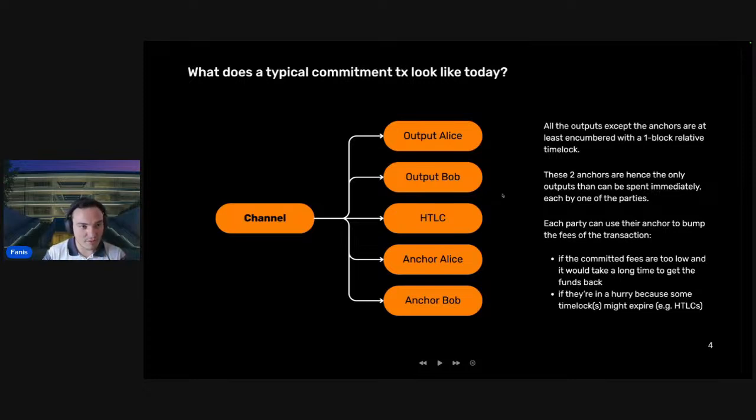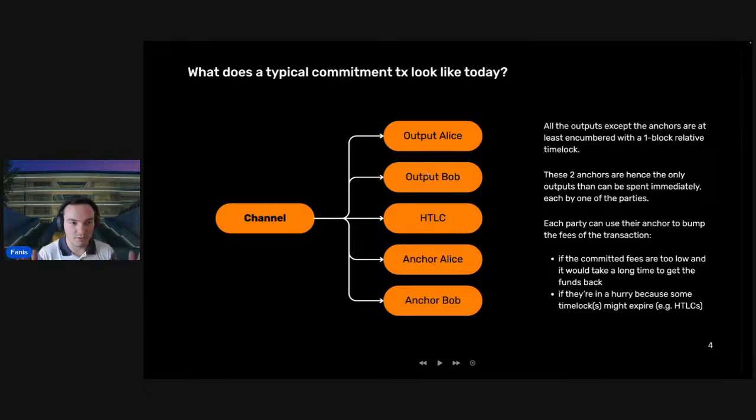A typical commitment transaction is basically an on-chain Bitcoin transaction that spends funds from the output that represents the Lightning channel, and then dispatches those funds into several outputs. There are typically two main outputs, which are output Alice and output Bob.